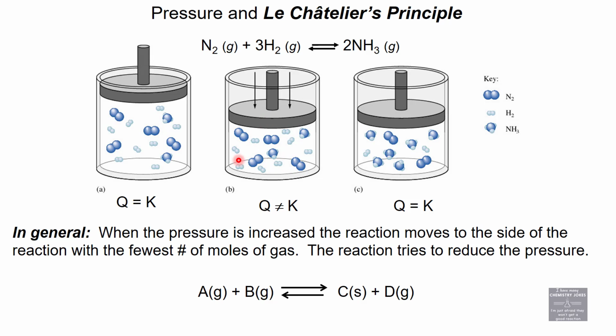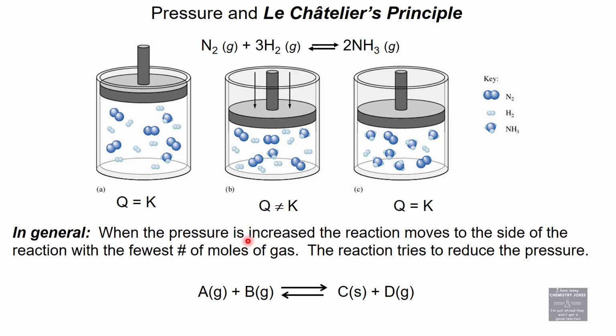So in this increased pressure system, the reaction shifts, not always left or right, but toward fewer moles of gas. On the left-hand side of this equation, I've got 1 plus 3, 4 moles of gas. On the product side, I've got 2 moles of gas. So you shift toward fewer moles of gas.